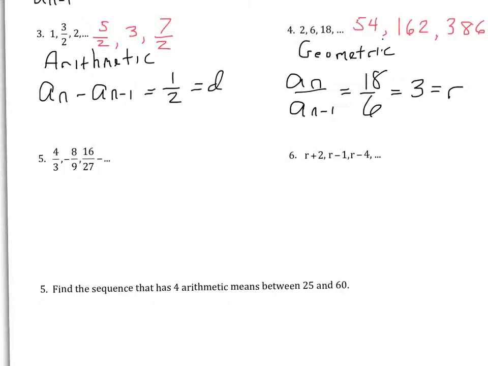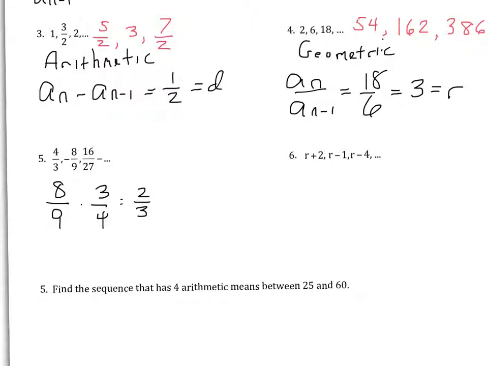So the only chance here is this is going to be geometric if they want to find a D or an R. So if we take 8/9 and we divide by 4/3, which means we're going to be multiplying by 3/4, that's equal to 2/3.